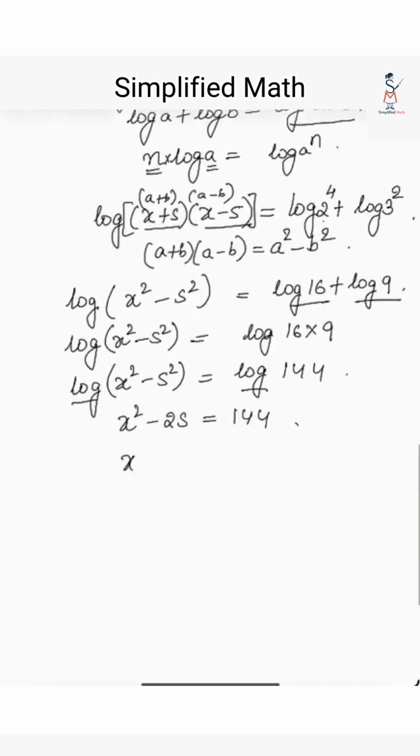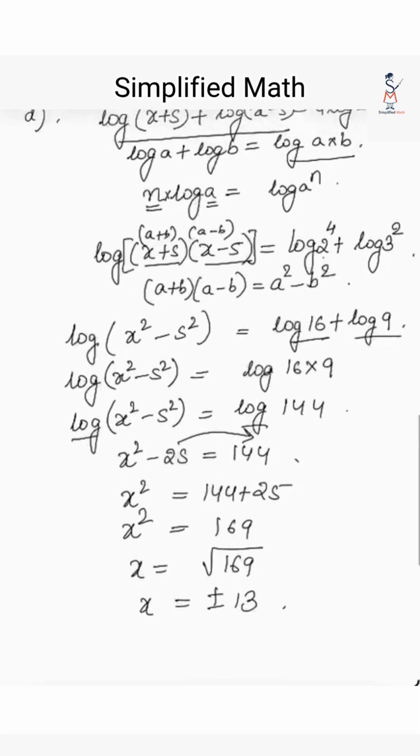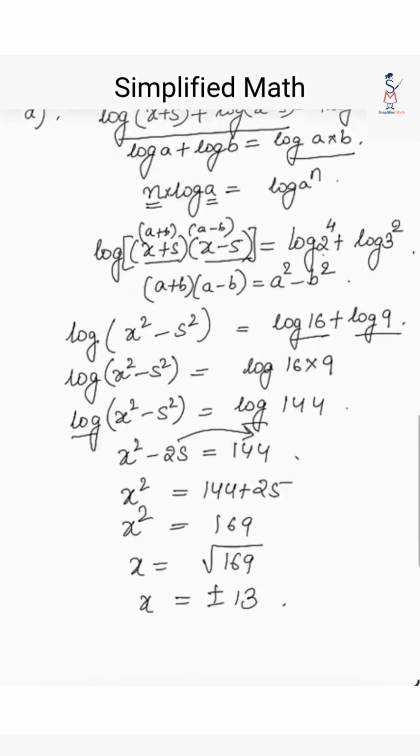x square, minus 25 comes to this side, becomes 144 plus 25. That is 169, so x square is 169. So x is square root of 169. So x is plus minus 13. Again we will check the value of x plus 5 and x minus 5, putting the value of x as plus 13.